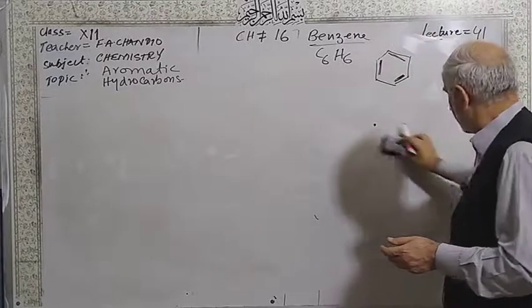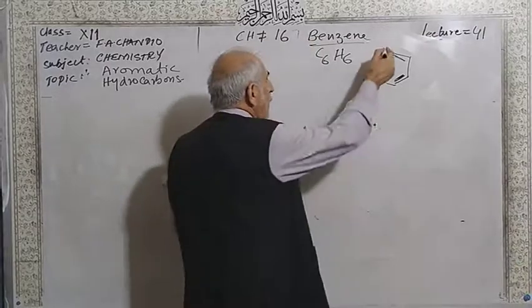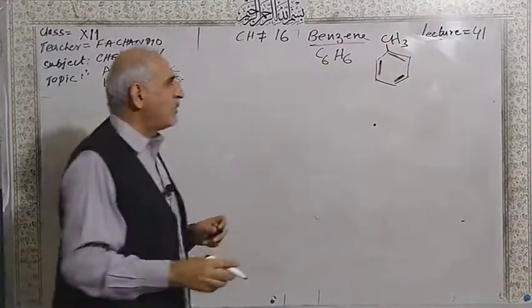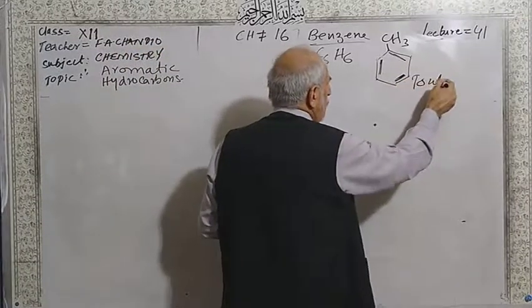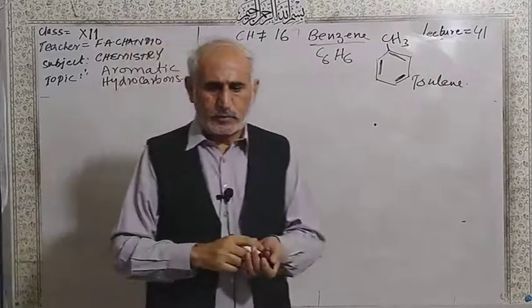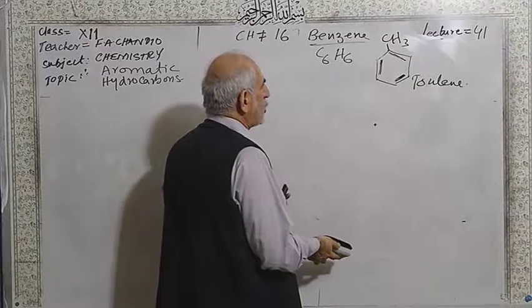Chlorobenzene. If you put the alkyl group here, this is called methyl benzene, or we call it toluene. This is toluene, CH3.